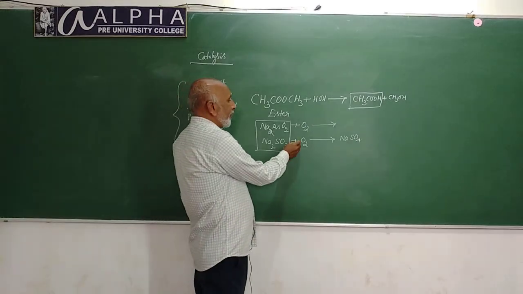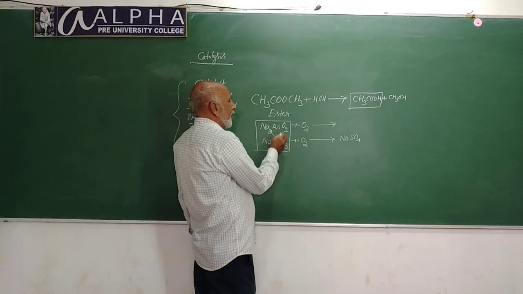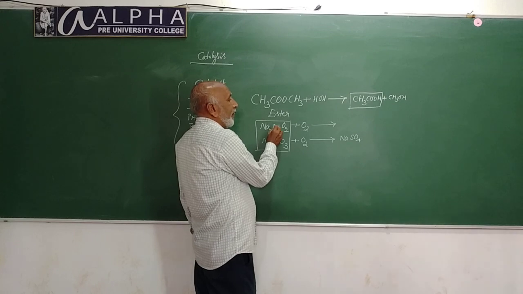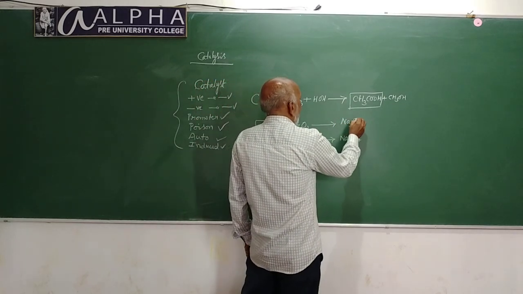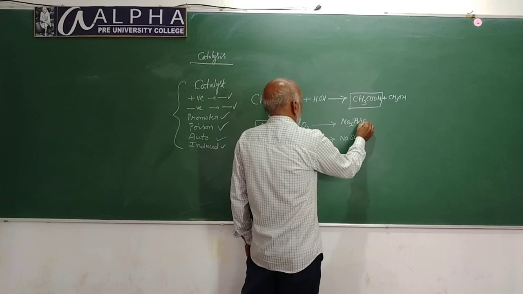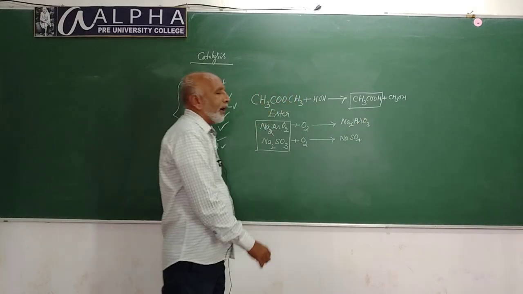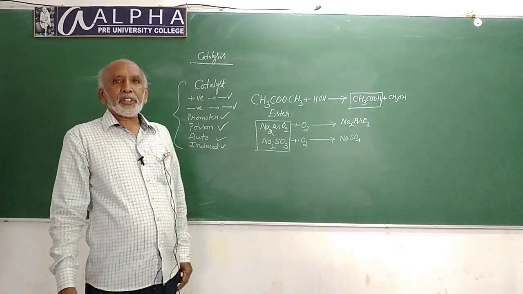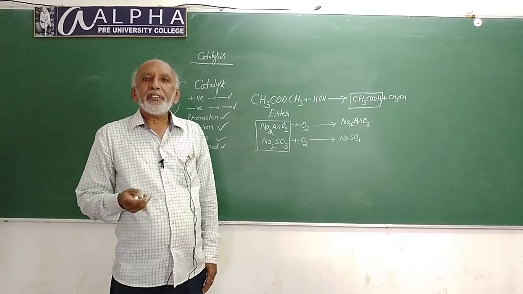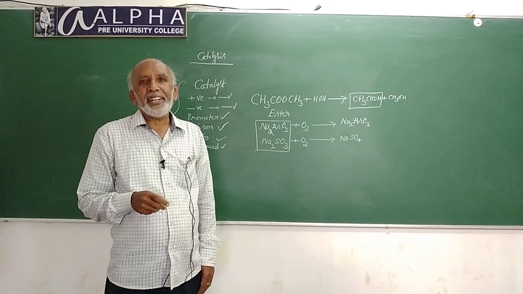So, in presence of this reaction, the other reaction will also take place. So, sodium arsenite is also oxidized to sodium arsenate. This type of reaction is known as induced catalysis.